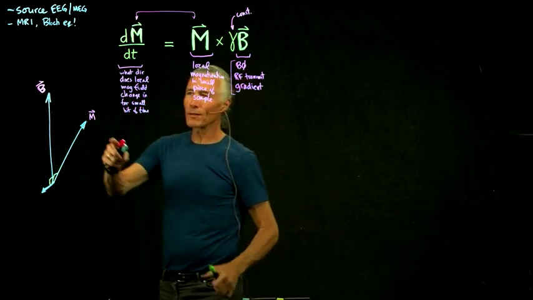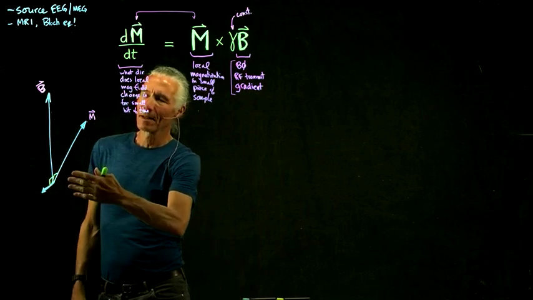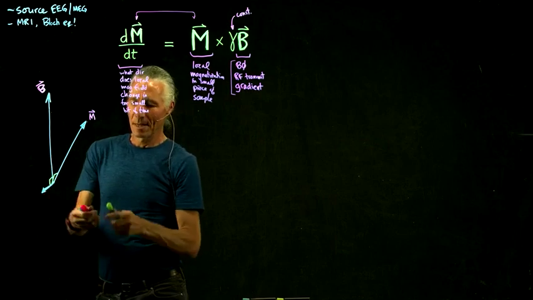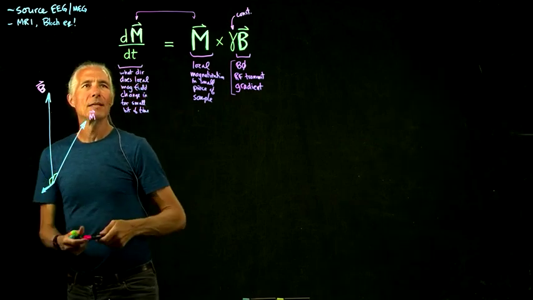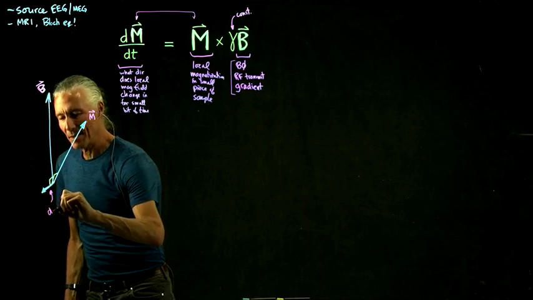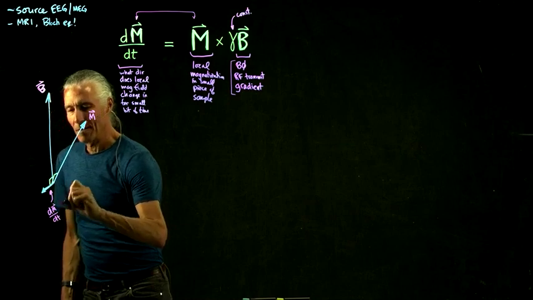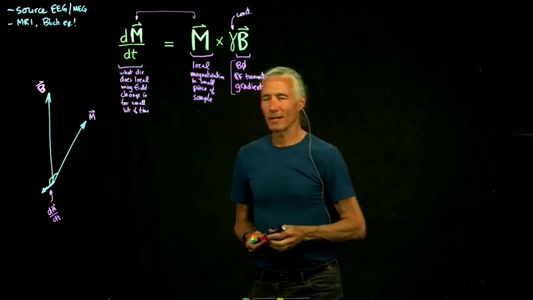These two vectors, the M and the B vector, define a plane. And this vector down here is the dM/dt vector, perpendicular to both of those guys.